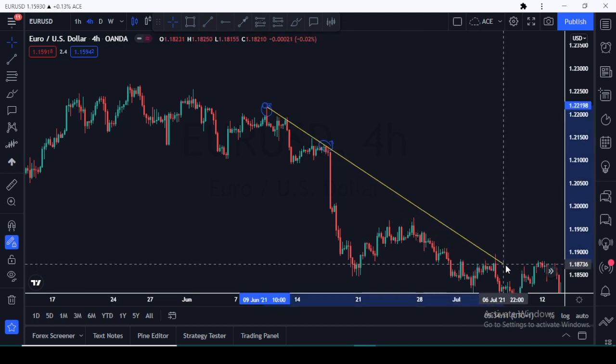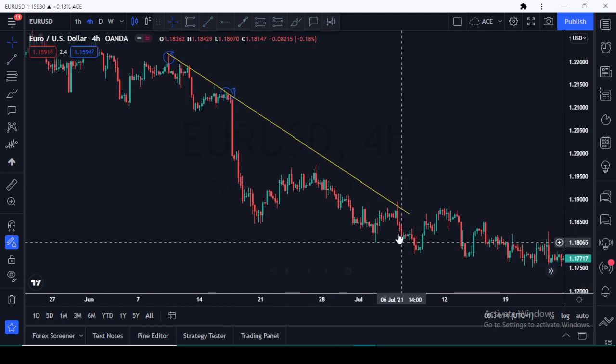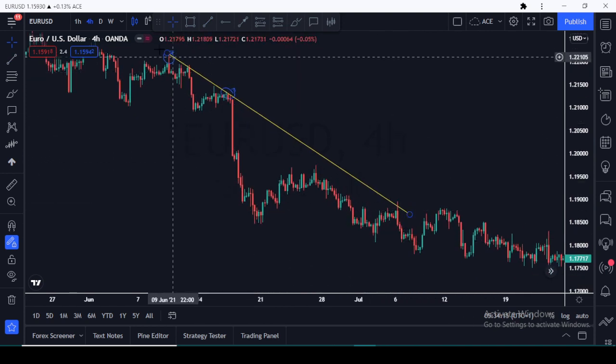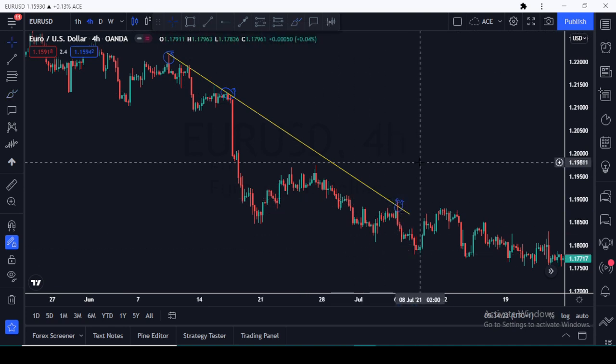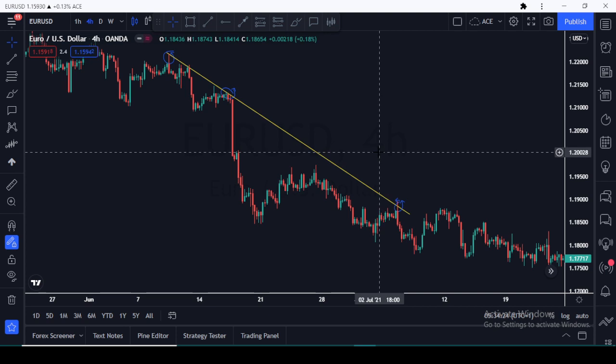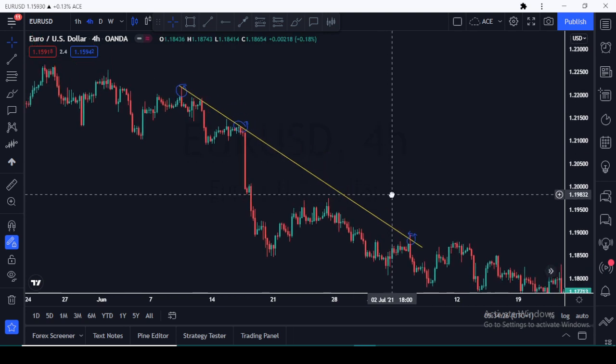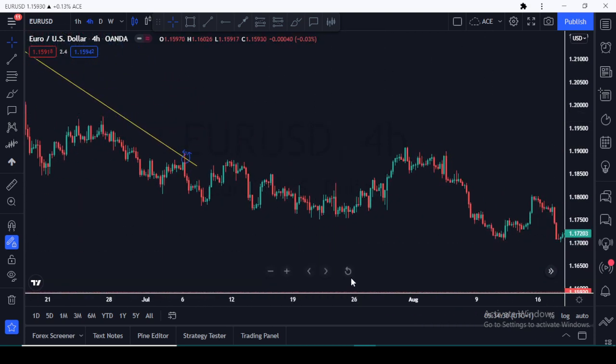In a sense it didn't really get up to that point, but our third touch is actually here. So you see our first touch here, second touch, and lastly the third touch. All these points connect exactly together and give us a good trading opportunity to continue trading the market downwards.